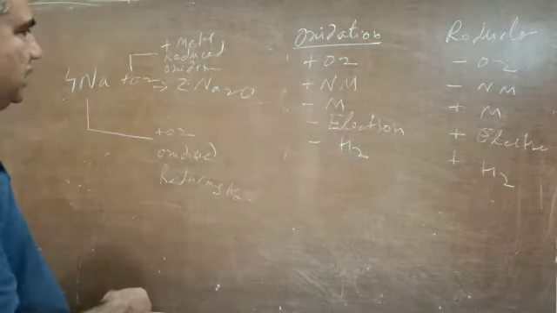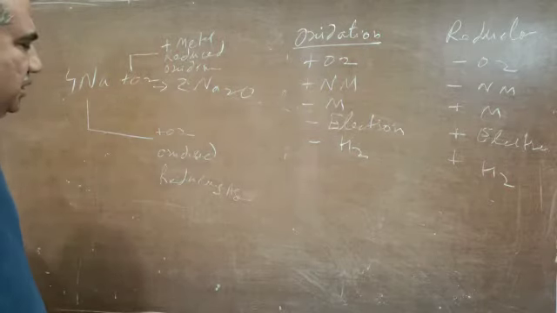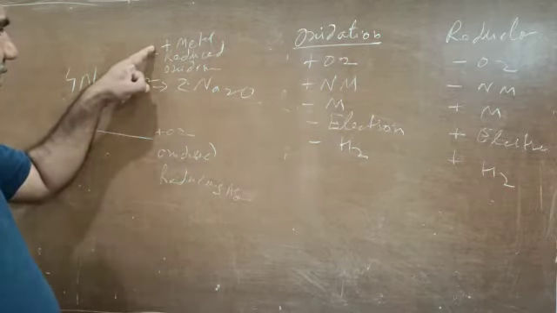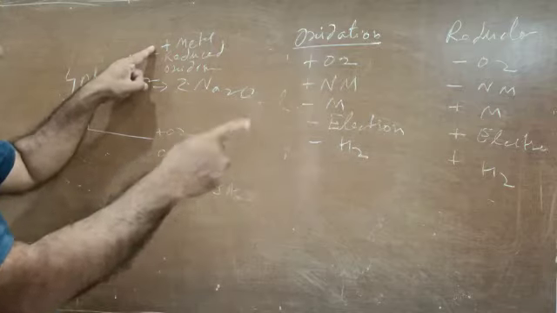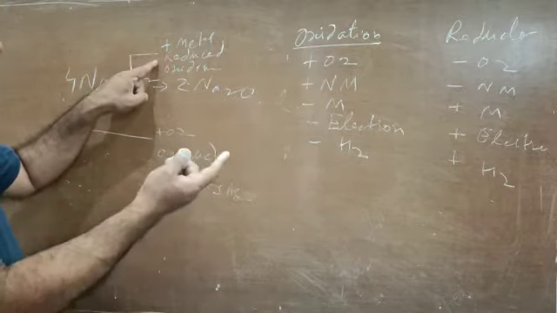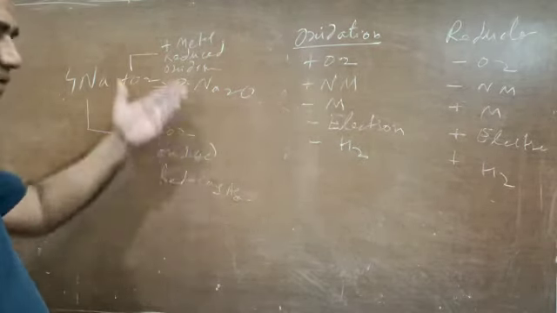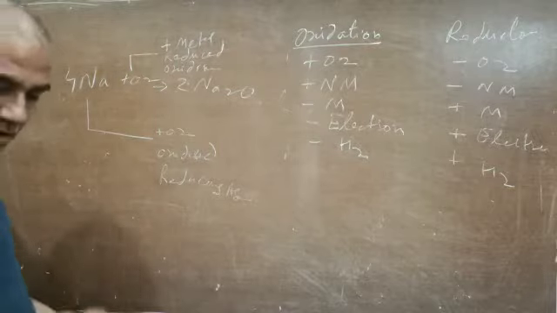So in terms of gain of metal, reduction is by definition gain of metal. If it is reduction, it is the oxidizing agent, because only that will be able to oxidize another substance, while itself getting reduced. This we have seen a number of times. So this was all about this.